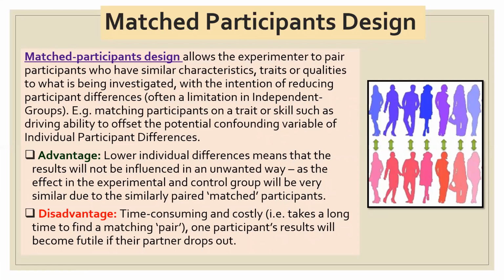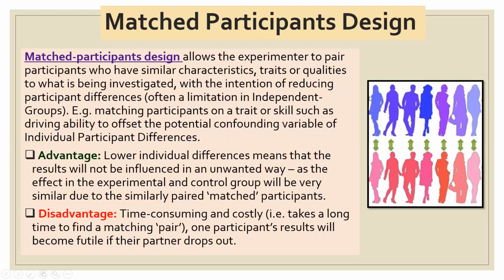And the biggest problem with matched participants design, which we don't see in any of the other designs, is that let's say that this is person A. Person A is nicely doing the experimental condition. They're doing all the tasks that are required of them. Person A's match one day decides, you know what, I can't be bothered doing this study anymore. I'm out. And they decide to withdraw or get out of the study. If they get out of the study, person A's results automatically become invalid. They're not valid anymore.